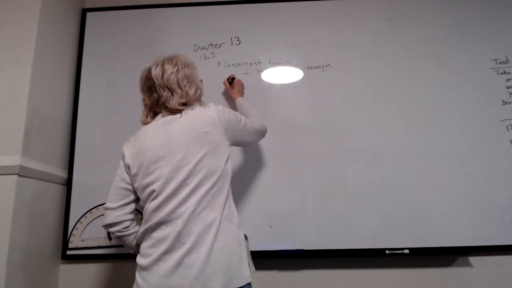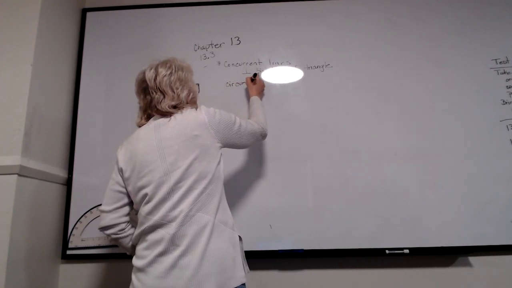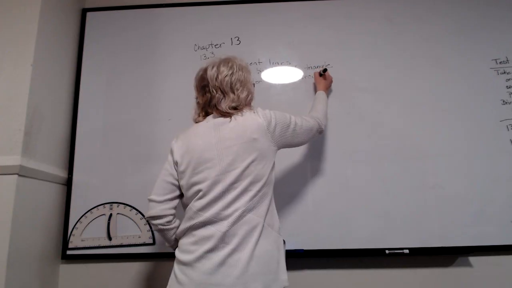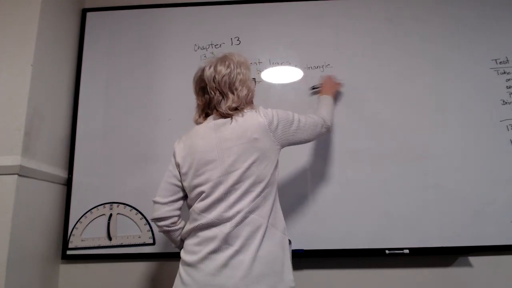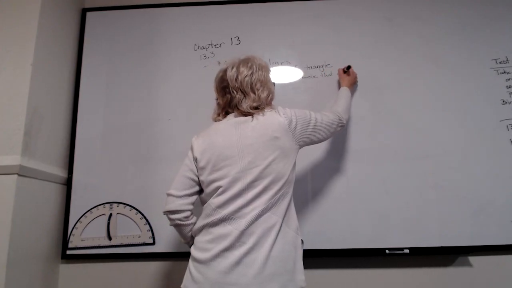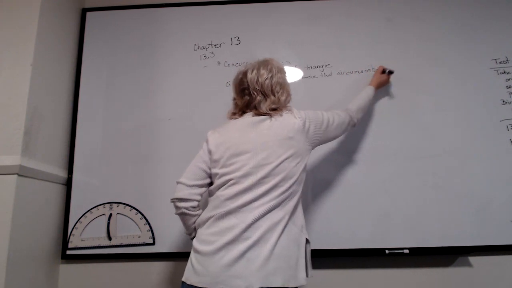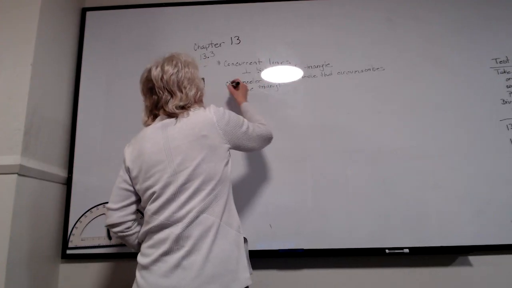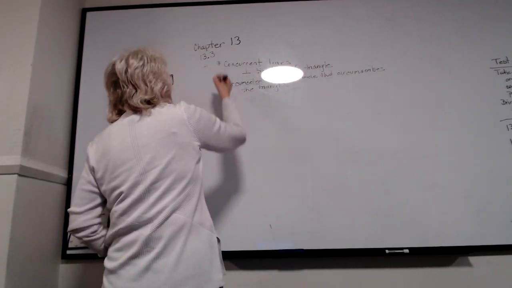And what that gives you is the circumcenter of the circle that circumscribes. And for right now we're just doing triangles, okay? That was the first one we did.